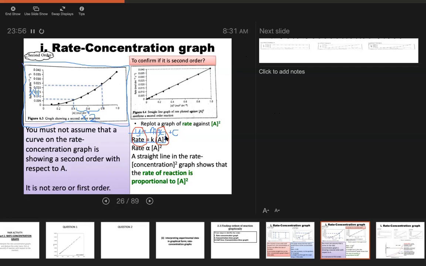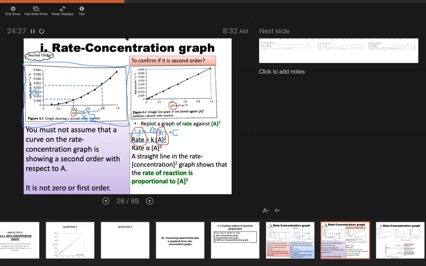That's why you plot the square of the concentration, then only you will get a straight line. If you only plot concentration of A without squaring it, then you will see a curve. So there is a difference, and you really have to look at the axis. If it's just A, it would be a curve. If it's squared, it would be a straight line.